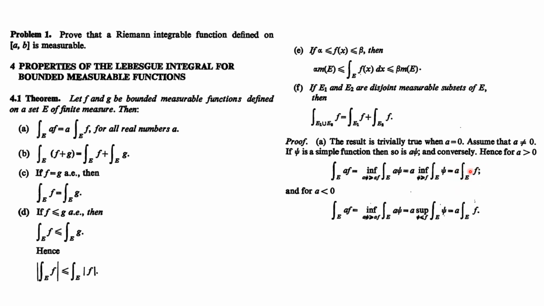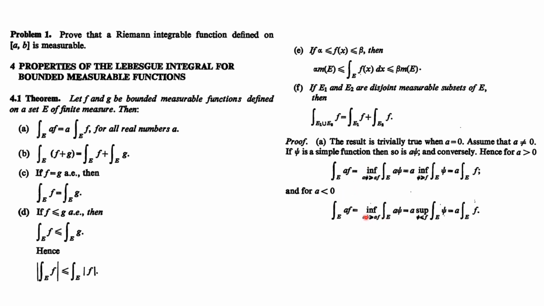Now why is our f integrable? Since it is given that f is a bounded measurable function defined on a measurable set E with finite measure, by that theorem, a measurable function bounded on a finite measure set is integrable. So this is integrable. So we get that the integral of af over E is nothing but a times the integral of f over E. Similarly, whenever you take a to be negative, you can consider a psi functions.